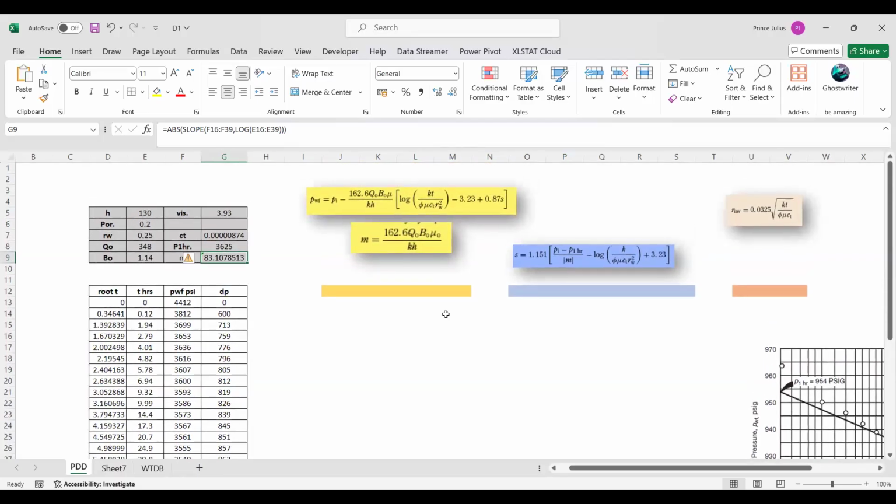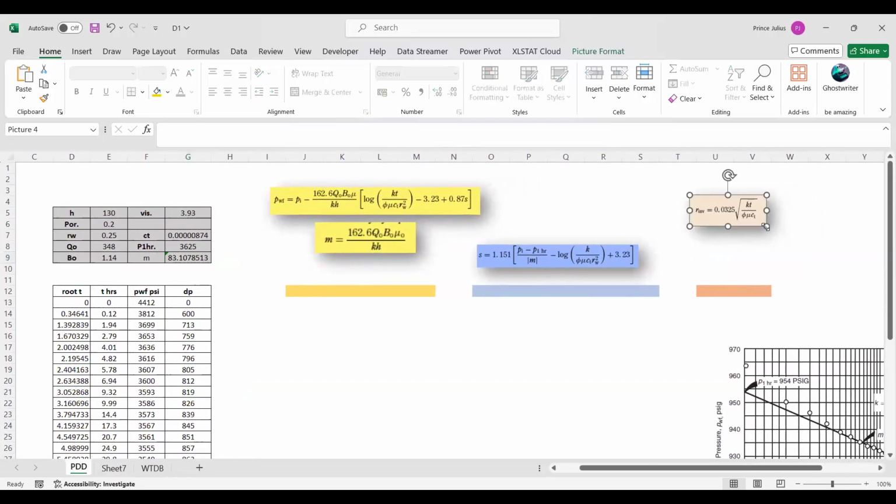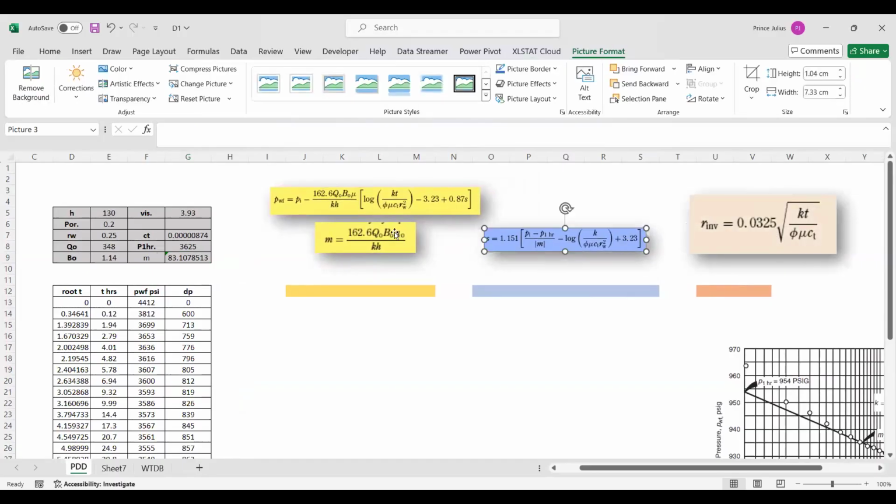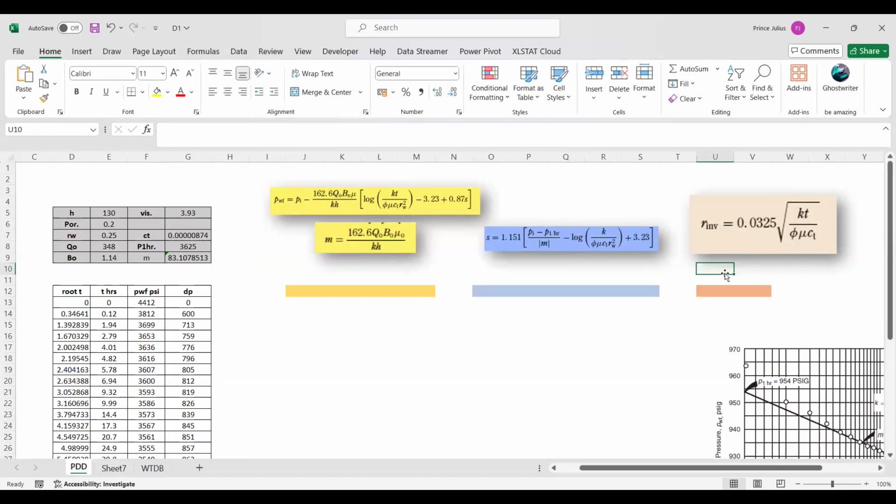So three parameters we are going to estimate. One is permeability. We are going to use this equation, and we need the value of m to get the value of permeability. With that, we will estimate skin factor, and then the radius of investigation, for which the time was given as 20 hours.